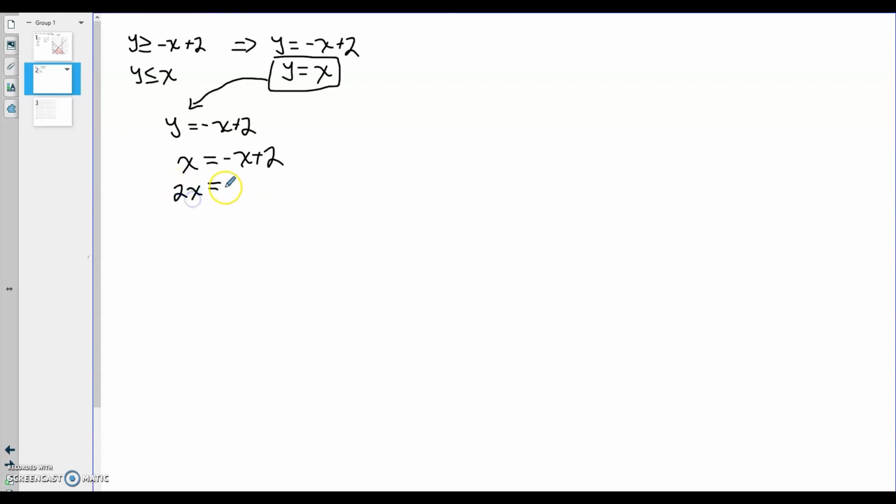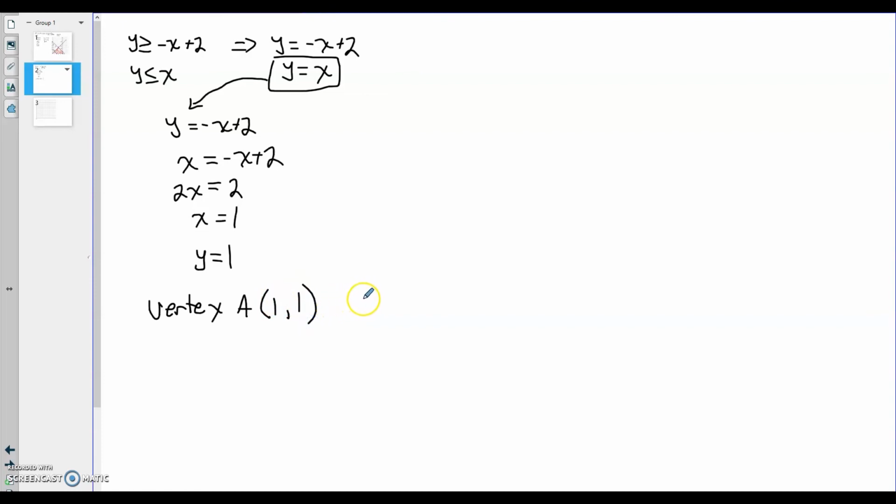We've got 2x is equal to 2, or x is equal to 1. Once we've got a value for x, now we can substitute back into one of our equations. In this case, the easiest one would be the y equals x, and we can come to the conclusion that y is also then equal to 1. So the vertex A is in fact 1, 1.